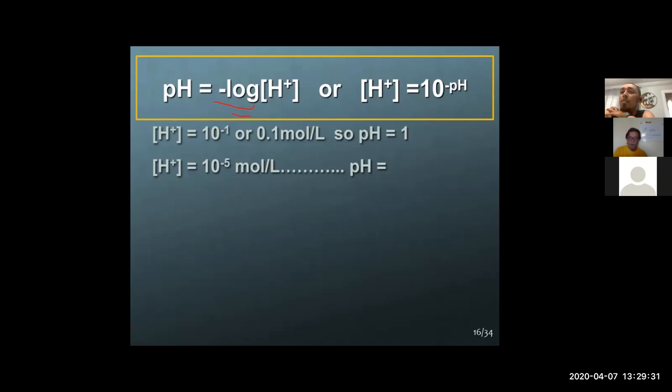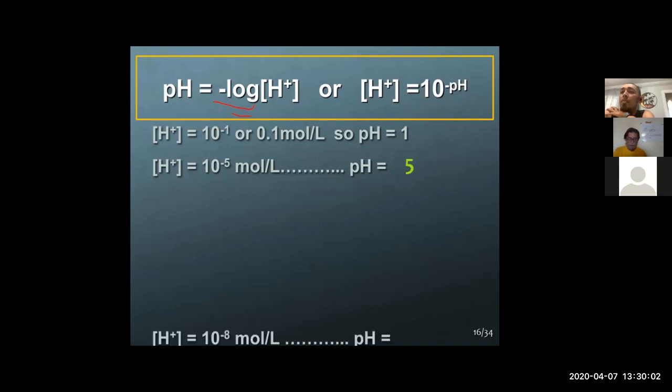In the next example, if you have a concentration of 0.1 and you take the log of that, you get a value of -1. Multiply that by -1, you get 1. So something with a concentration of 10 to the negative 1 has a pH of 1. Something with a concentration of 10 to the negative 5 has a pH of 5.